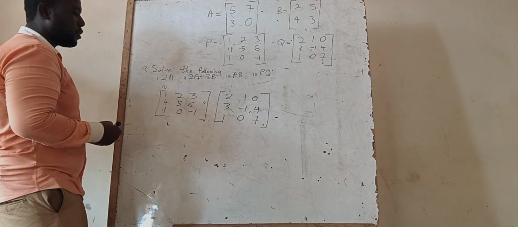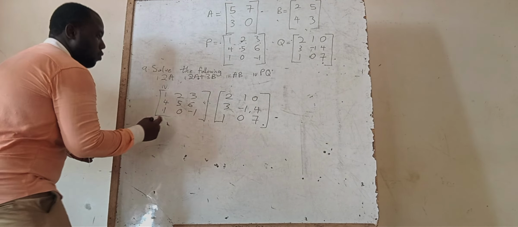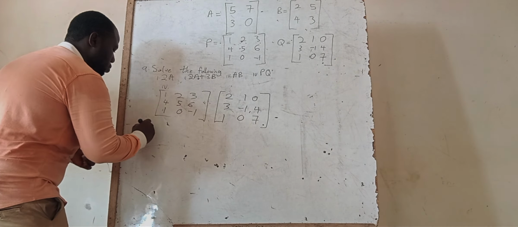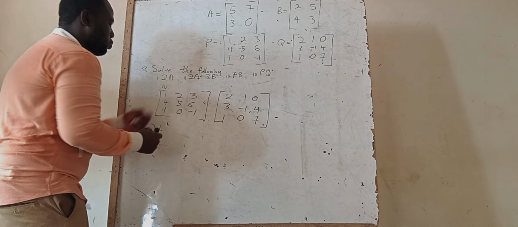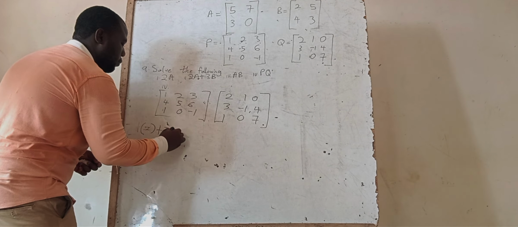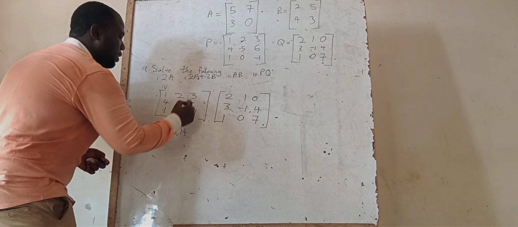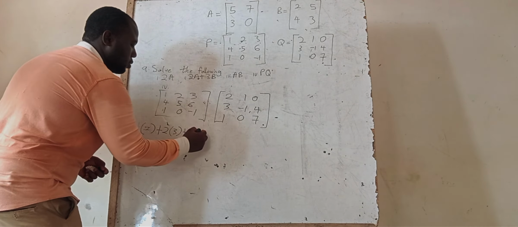So let's start solving. We take 1. 1 takes on 2. It's separated with the plus. We take 2. 2 takes on 3. Separated with the plus. We take 3. 3 takes on 1.